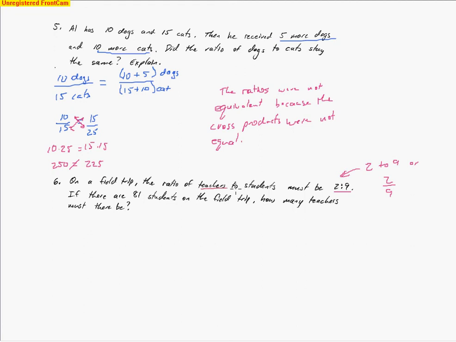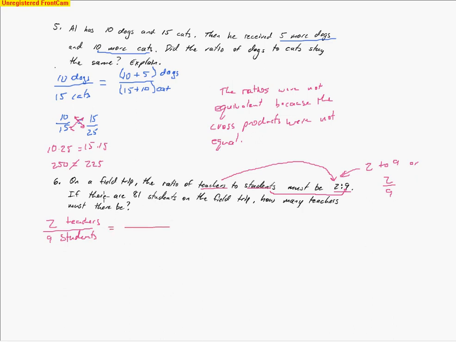Notice it says teachers to students. So the first number, the 2, represents the teachers, where the students represents the 9. So I'm going to write that out. 2 teachers to 9 students. And it's always important to write out the units to start with so we make sure we set up the next ratio exactly the same.